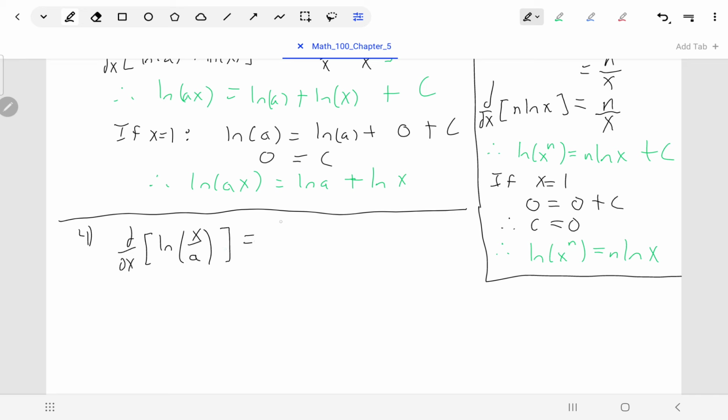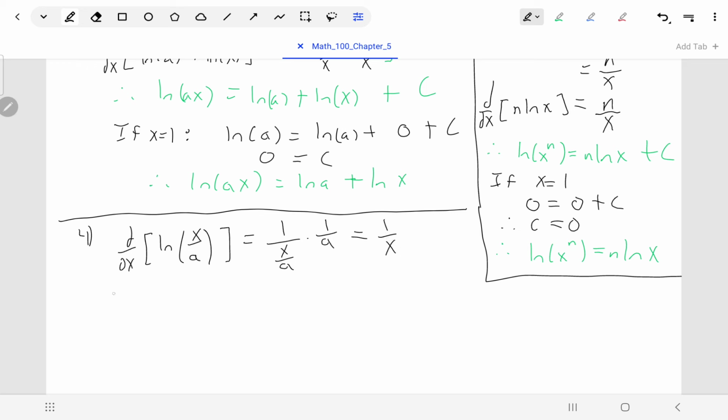The derivative of that would be 1 over whatever is inside the natural log times the derivative of whatever is inside. The derivative of x over a would just be 1 over a. The a's would cancel, and we would be left with just 1 over x.